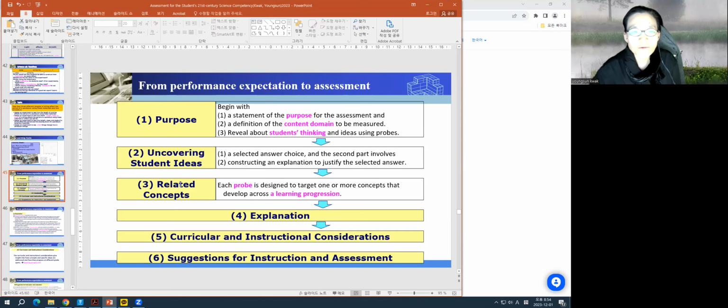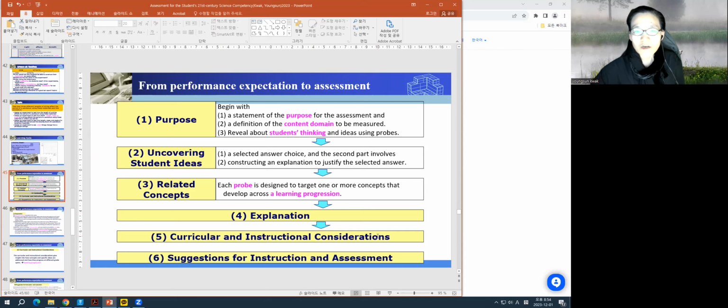Sometimes you need to uncover student ideas. Sometimes it's called student prior knowledge, prior concept, or sometimes misconception. And then you need to let them explain their ideas. You also need to consider curriculum or teaching and learning considerations.